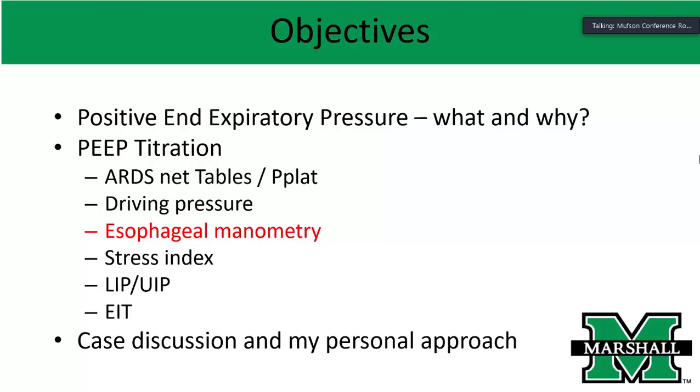If you make changes to the PEEP, you have to evaluate immediately. There are some people who say, well, I'll increase the PEEP by 2, but then I'll come back 2 or 3 hours later and evaluate hypoxia, evaluate blood pressures. So for example, you can increase the PEEP by 2, and if the plateau pressure increased by 1, that means you recruited, right?